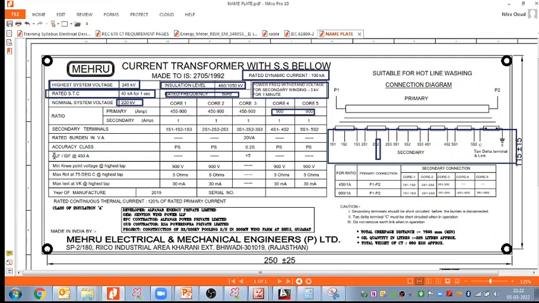I'll come to ALF later, but ISF we have discussed. ISF is instrument security factor, and that is less than 0.5. These four parameters we have all discussed. Knee point voltage and other parameters are not applicable for the metering core, that is why we have not discussed them.